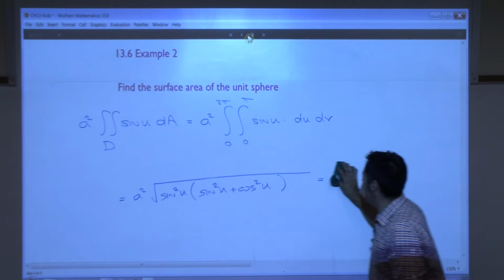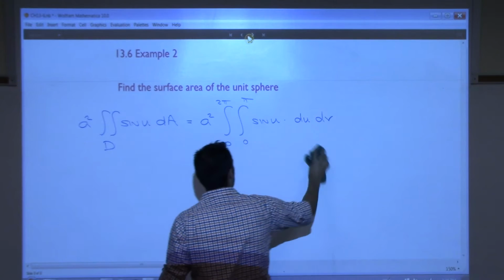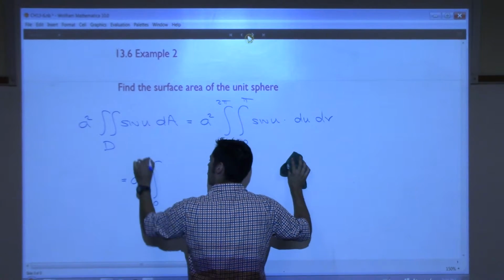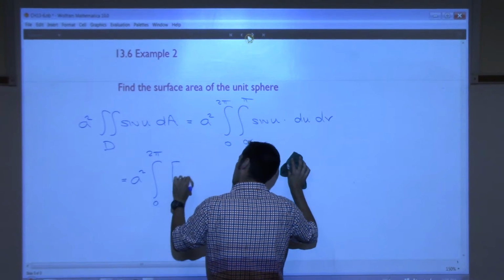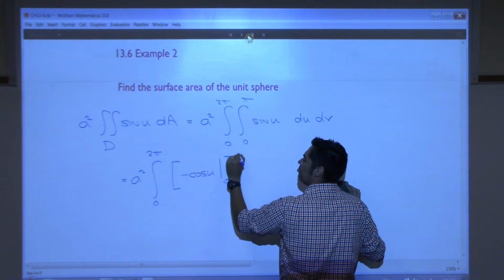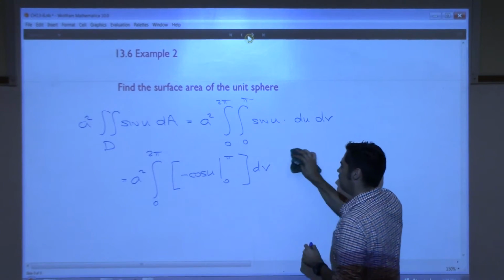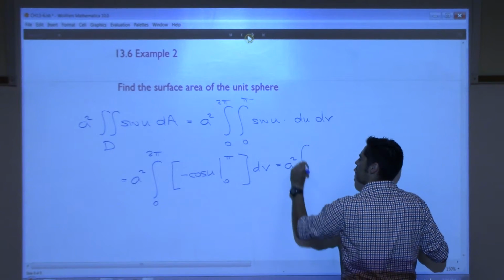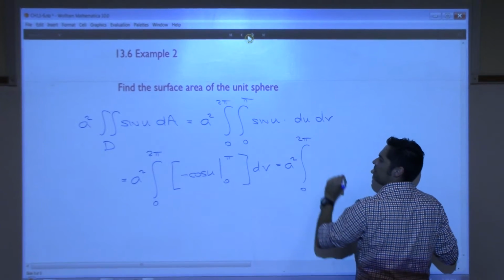What's the antiderivative of sine of u with respect to u? Negative cosine of u, evaluated from 0 to pi, dv. I know I'm going quick, but this should be trivial stuff at this point.